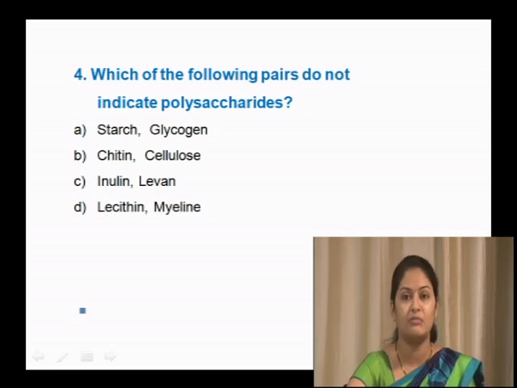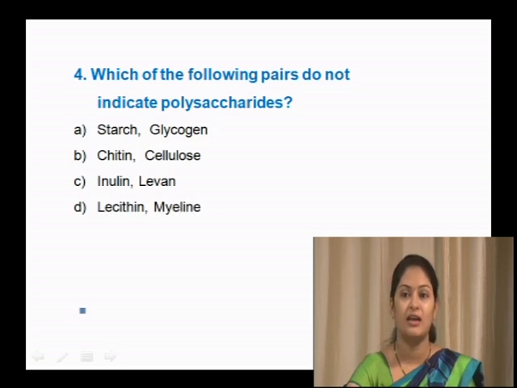Chitin can be found either in fungi or in insects, and cellulose is the cell wall material of plants. Third one is inulin and levan. These are the polysaccharides derived from fructose. Last option, lecithin and myelin, are not polysaccharides at all.